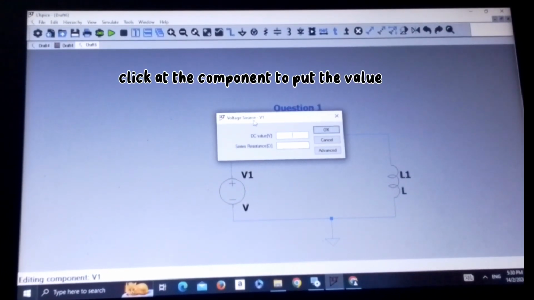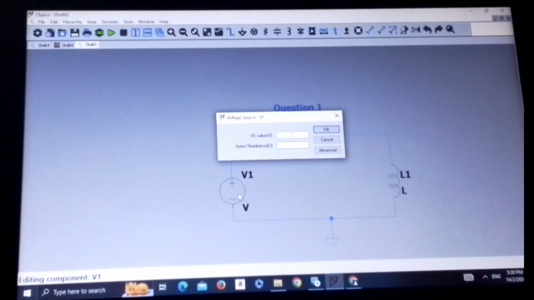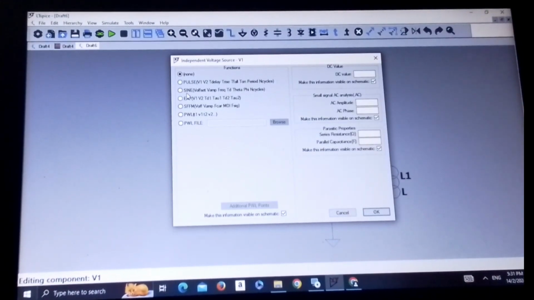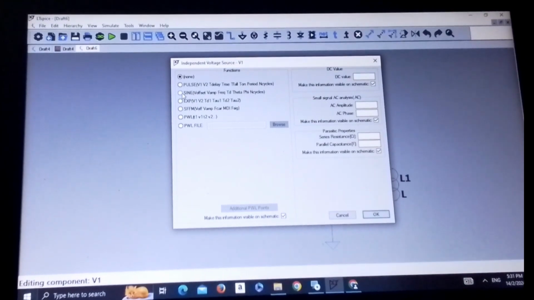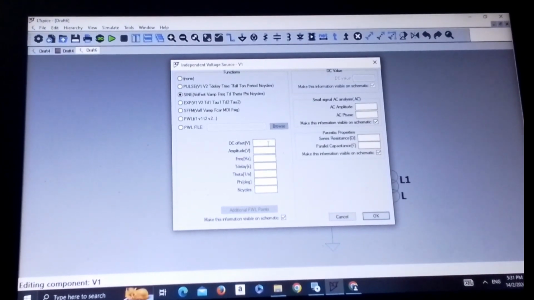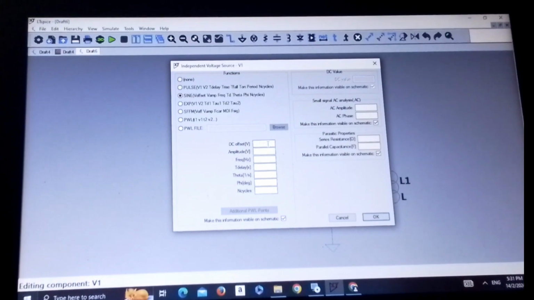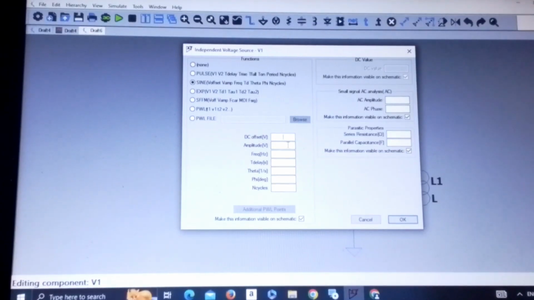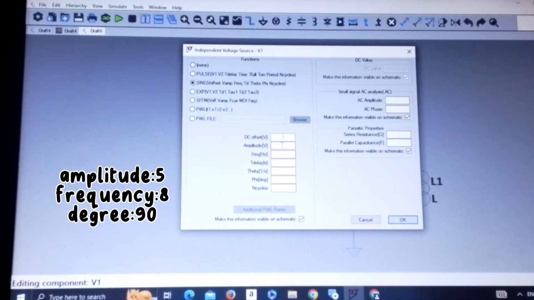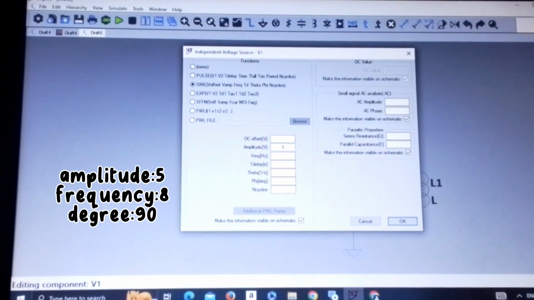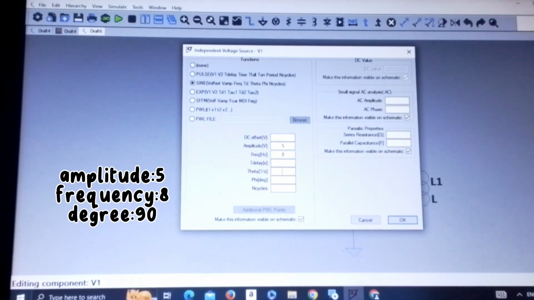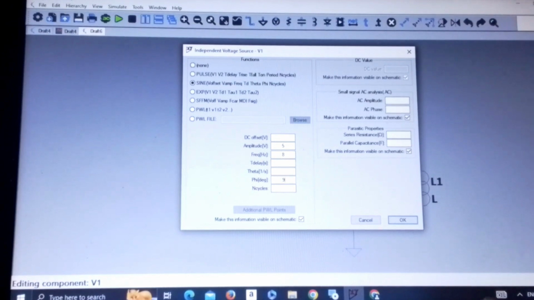For the voltage source, we need to click advanced, click this sign, and put the value. For the amplitude, I put 5. For the frequency, I put 8. And for the degree, I put 90.